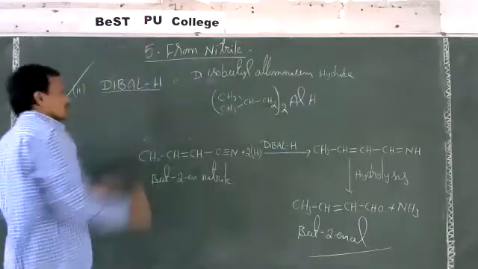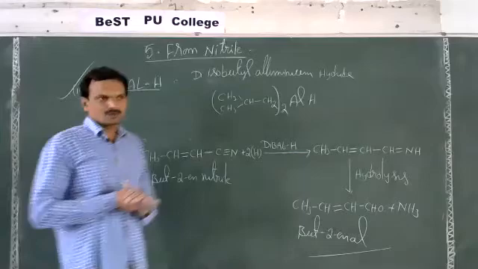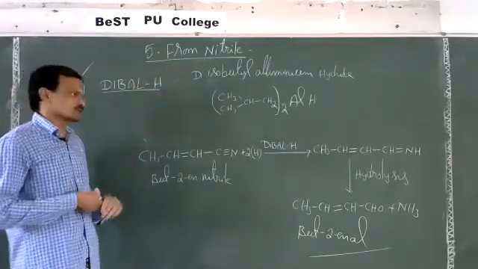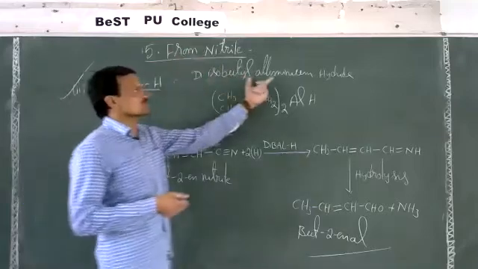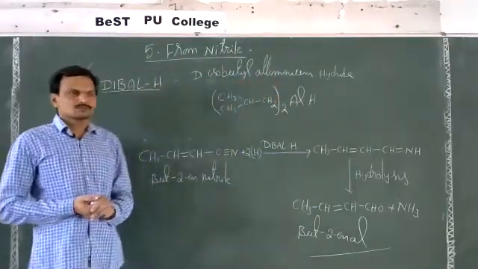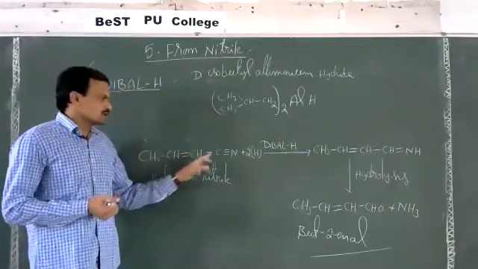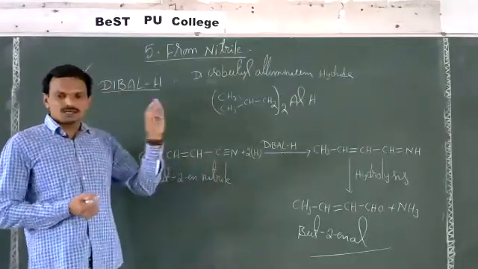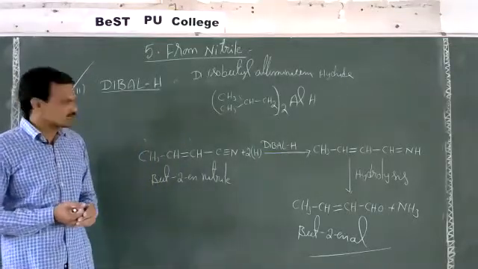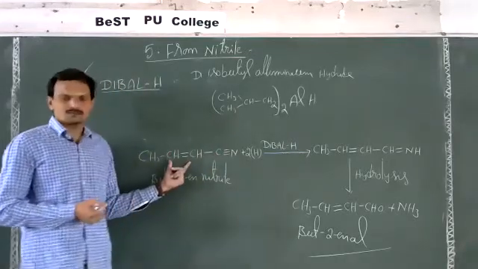So the process is just similar to the Stephen reduction. There we have taken SnCl2 plus HCl as the reducing agent; here we are using diisobutyl aluminum hydride as the reducing agent. And the difference is, if you use SnCl2 plus HCl as the reducing agent, in addition to the nitrile, this double bond also will be reduced.